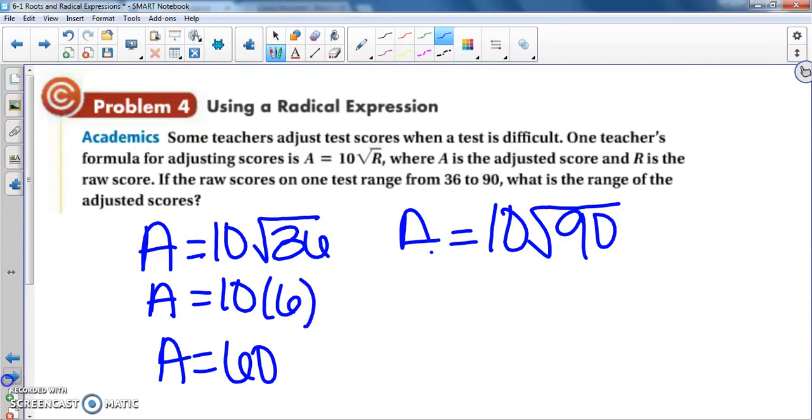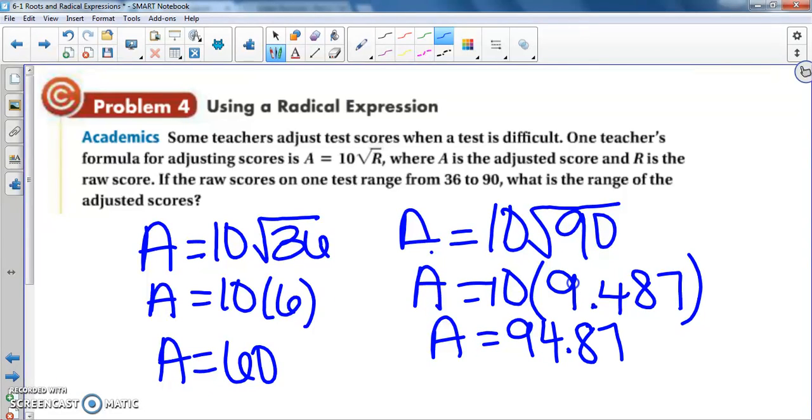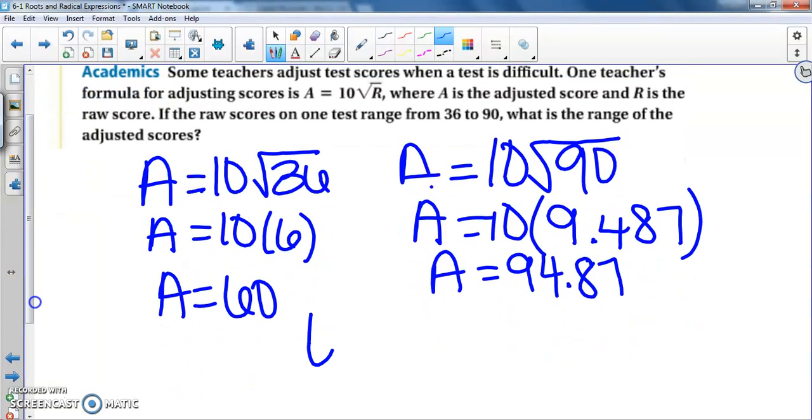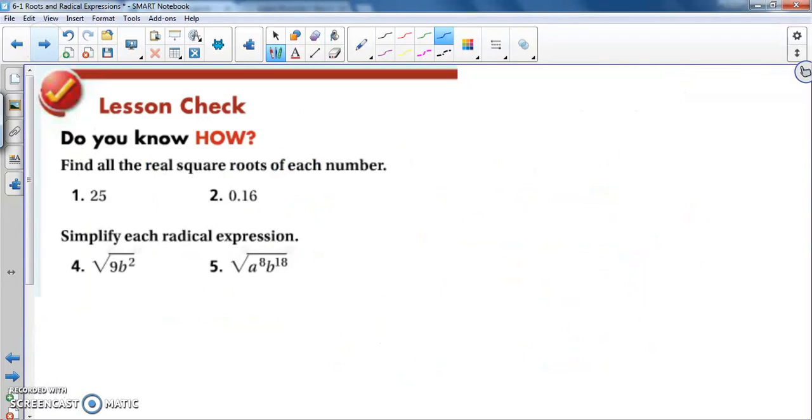The square root of 90 is approximately 9.487, so times 10, our adjusted score is equal to 94.87. So the range would be from 60 to 94.87. You guys try these on your own.